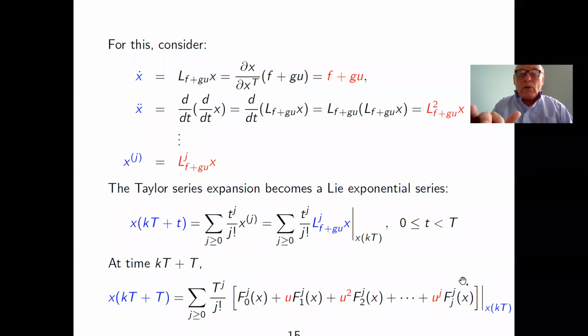So this is an exact formula, but it's a very inconvenient formula because it tells you that you have to sum an infinite series and get all these expressions of these vector functions and see if you can find a nice closed form solution for that formula that allows you to compute the next state at the next sampling time in terms of the actual state and the given control input.